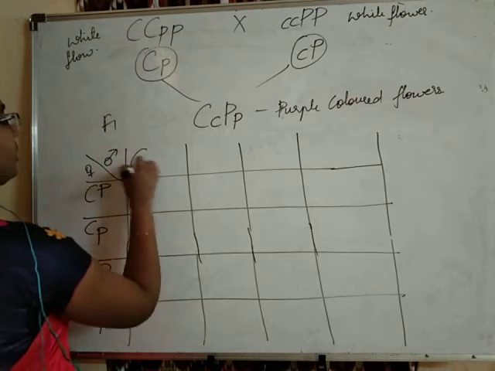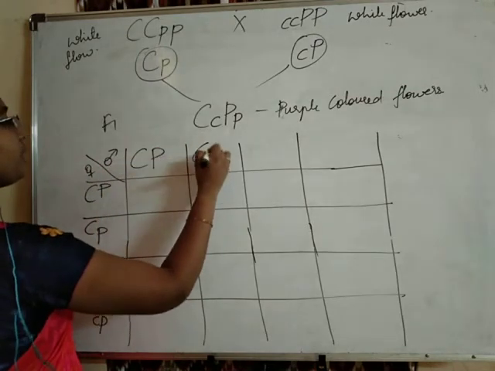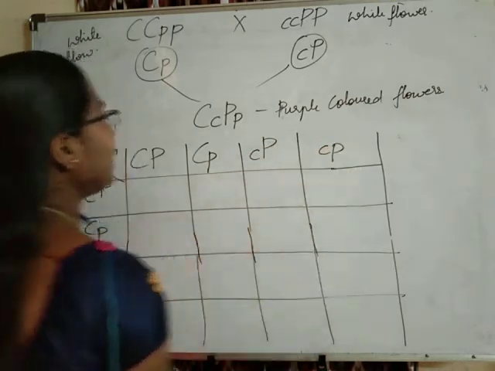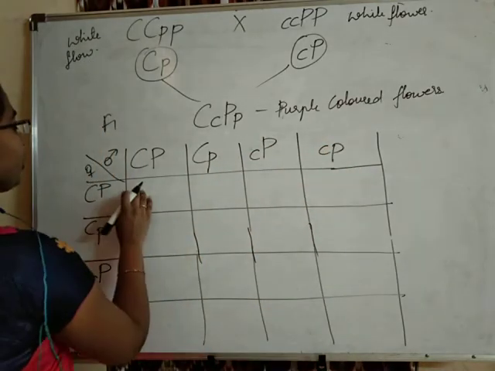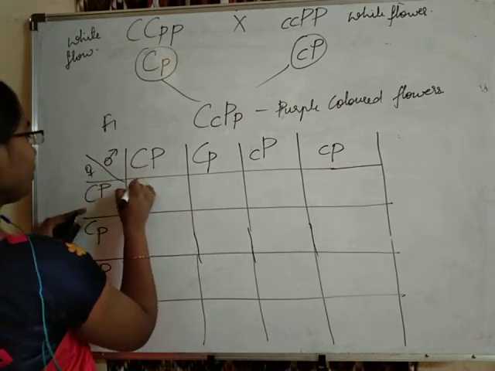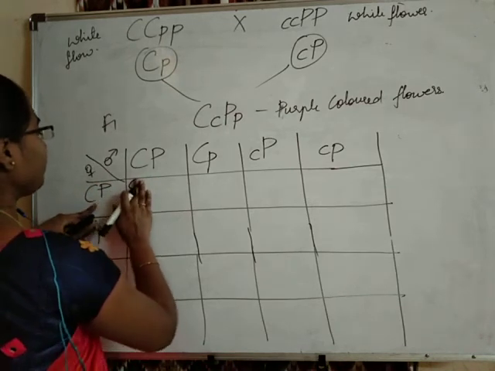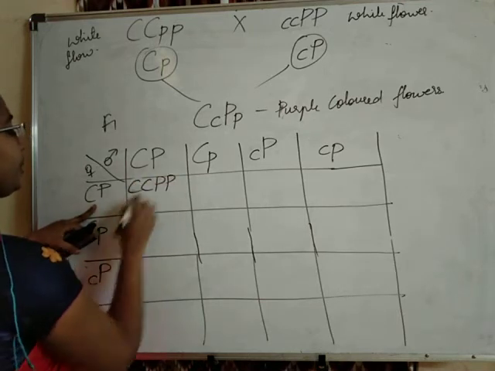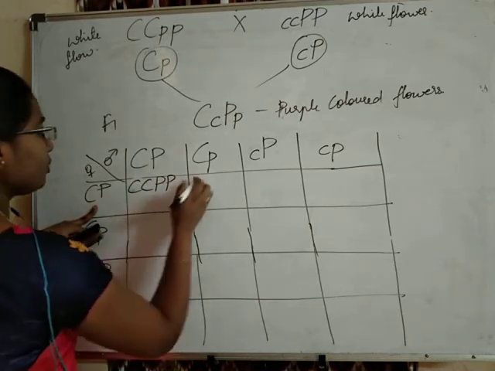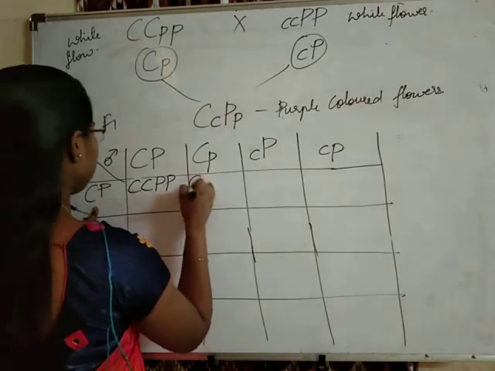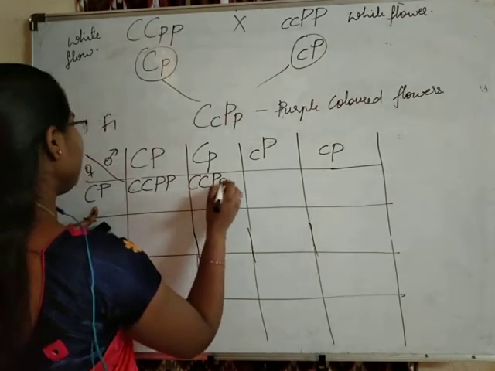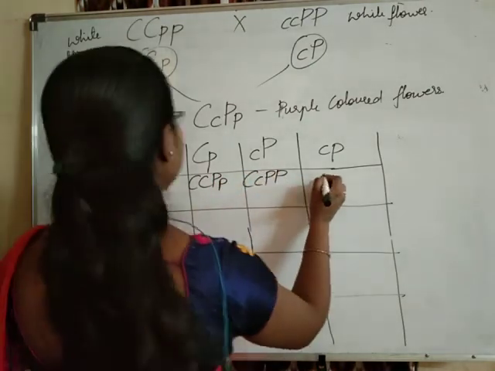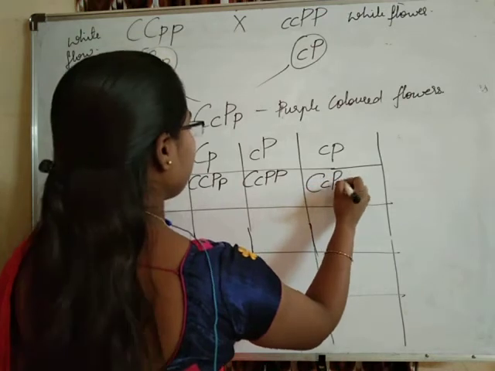The same will be here: capital C, capital P; capital C, small p; small c, capital P; small c, small p. Okay, so let us make the crosses, capital C with this first. We will first finish off this line.